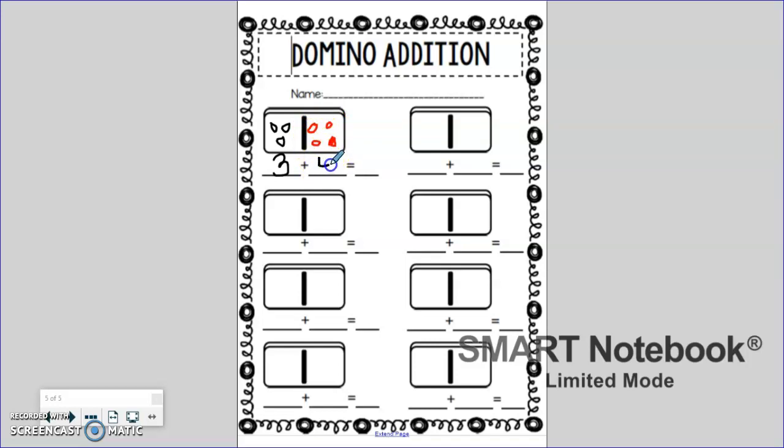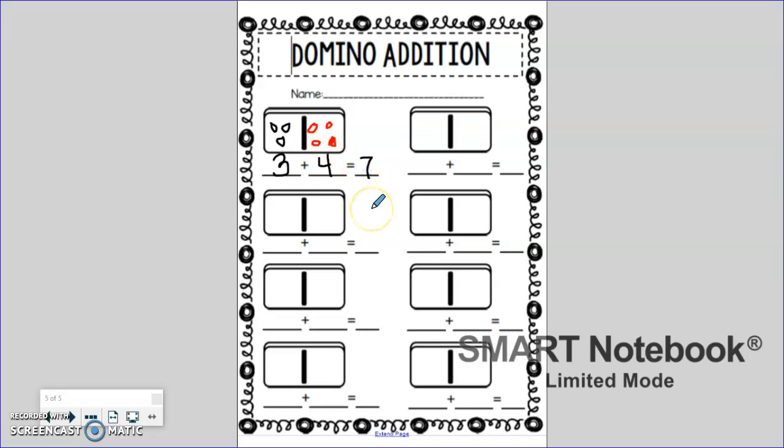Fill in that number. And then do you remember what goes on this last line? What number should we put there? That's right. We need to count all of the dots on the domino. So I'm going to count them all now. 1, 2, 3, 4, 5, 6, 7.